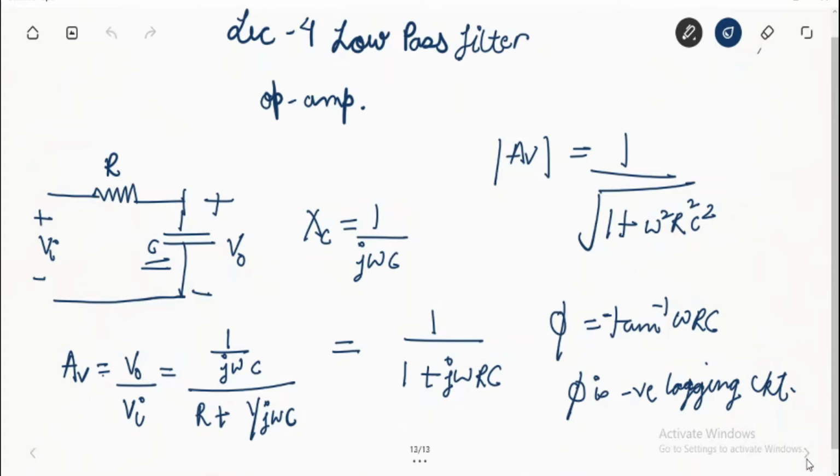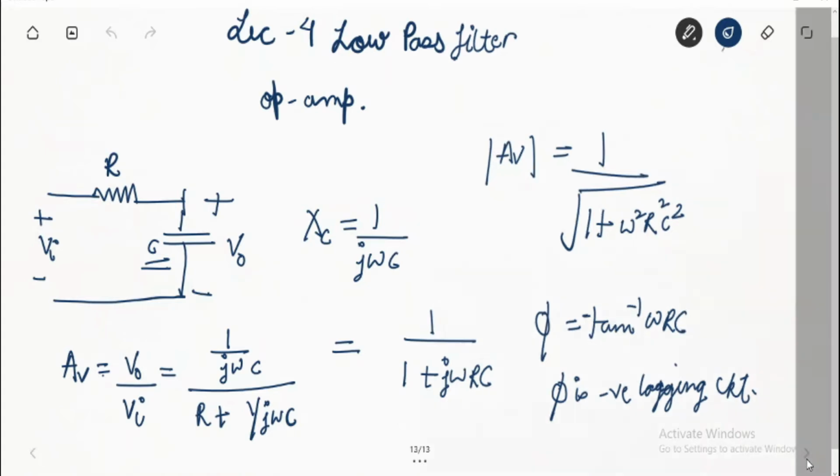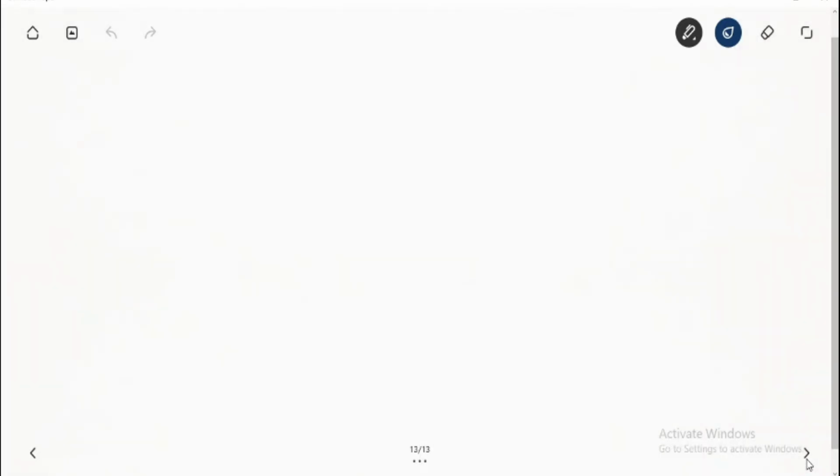Again, what is the need of high pass and low pass filters? A low pass filter allows low frequency to pass easily, and a high pass filter allows high frequency to pass easily and blocks the low frequency. That is indicated by its name only. Now we can plot the graph: omega, AV, and phi.